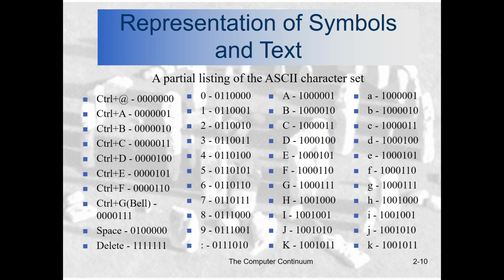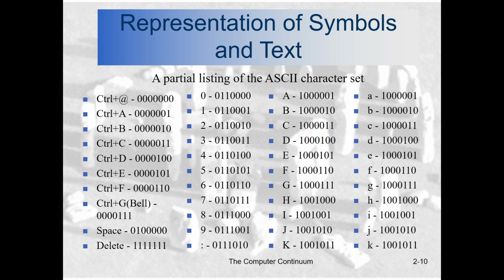Okay, so here's the list of the ASCII character set. For A we use this, and for B this, and so on. So these are the representations for numbers from 0 to 9, and all the characters, all the special characters, spaces, delete, and so many other things.